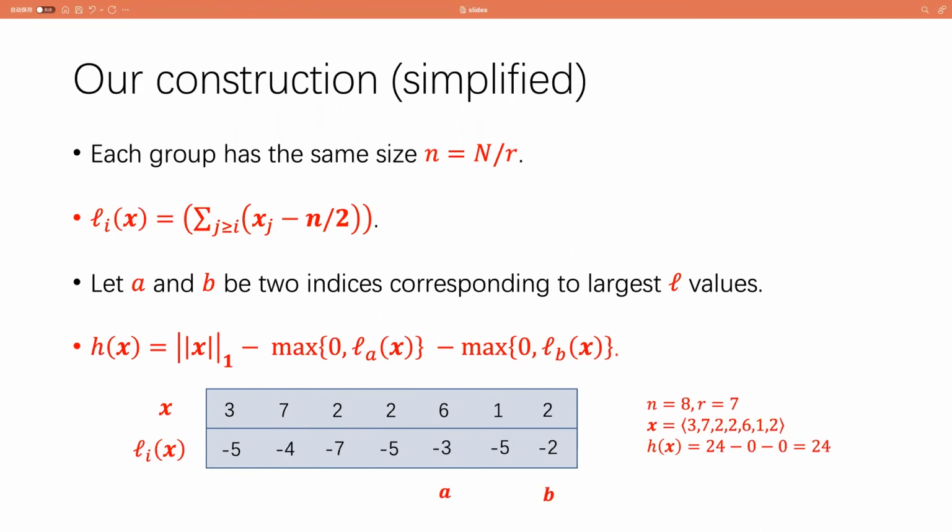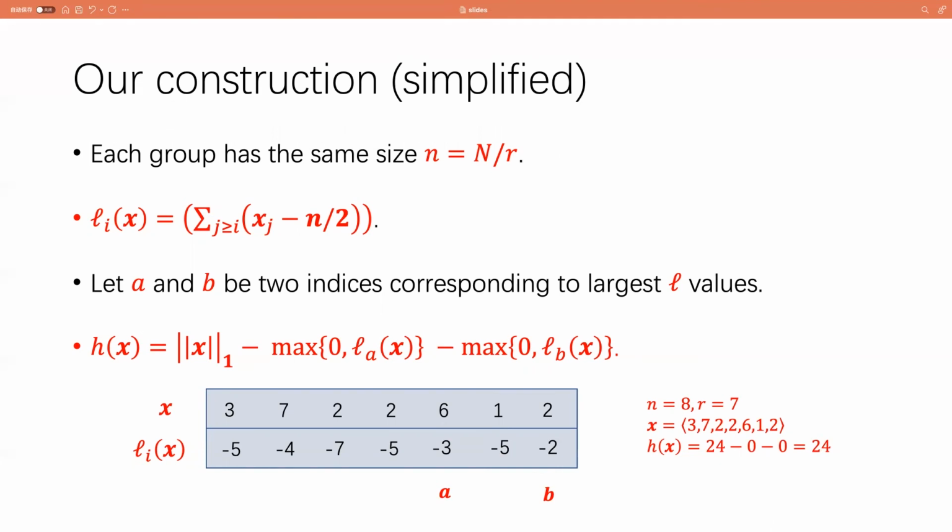Let's see another example. Suppose now x equals 3, 7, 2, 2, 6, 1, 2. Then by definition, the values of L_i(x) are -5, -4, -7, -5, -3, -5, and -2.